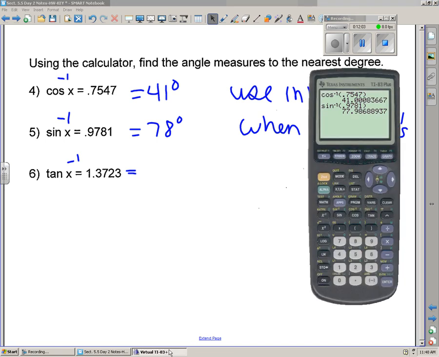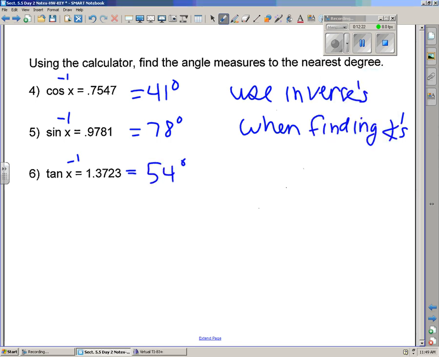Then I'll do second tan, and then that's 1.3723. And that angle comes out to be 53.9 or 54 degrees.